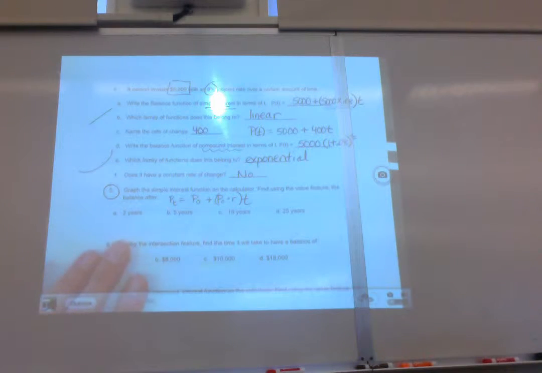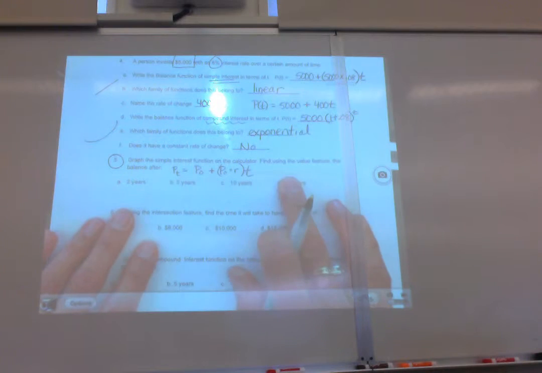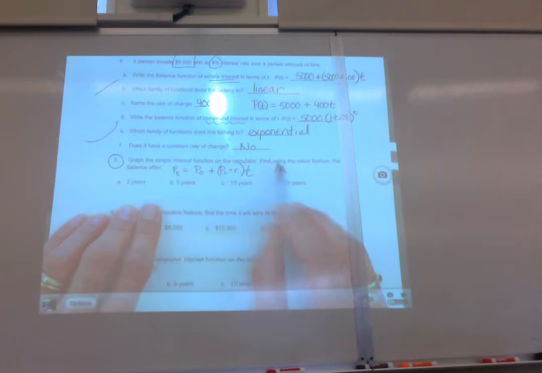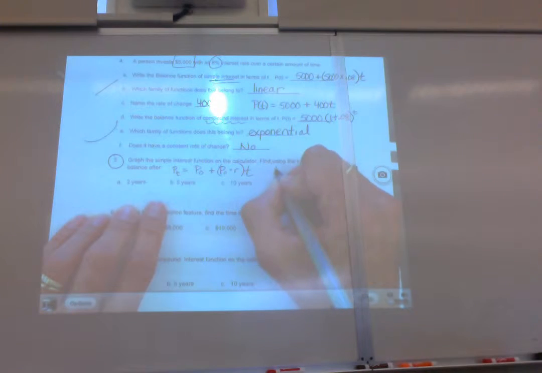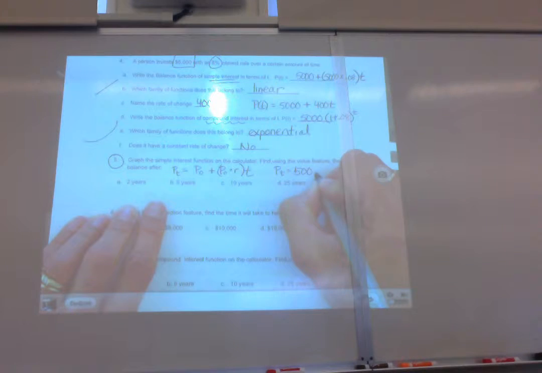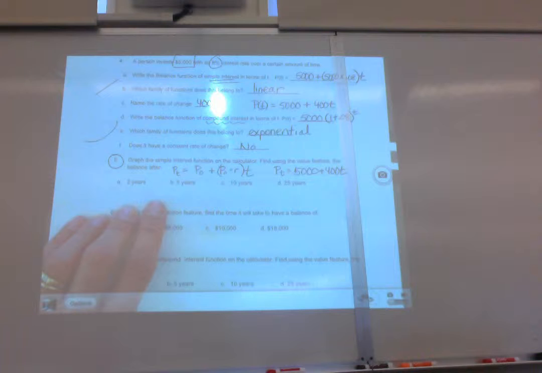Now, here's where we were going to do 5, but we needed the function. Here's the generic formula. Here's this problem: P of T equals 5,000 plus 400 T. Okay, we need to put this into our calculator.